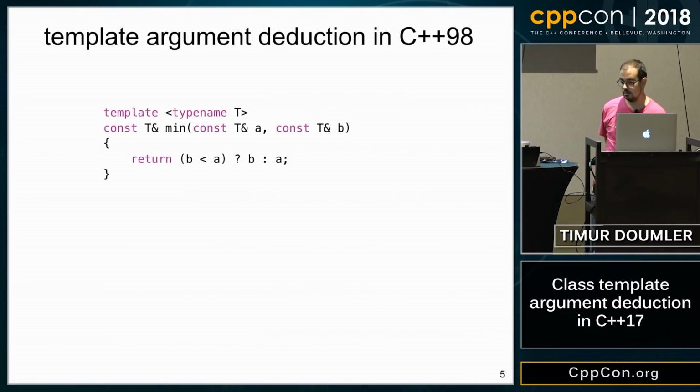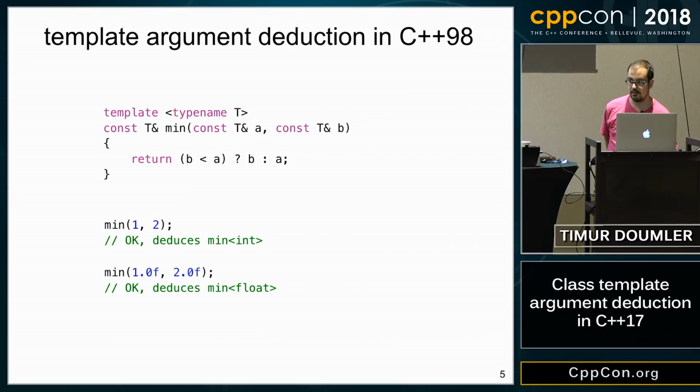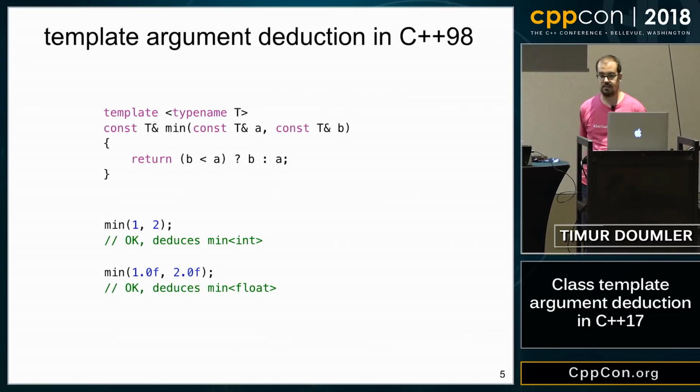For example, min is a templated function. Obviously, if you use min, you don't have to specify the template arguments by hand. You can just give it two integers, and it's going to deduce the template arguments from the function arguments that you give it, through some rules that are in C++ since 98.